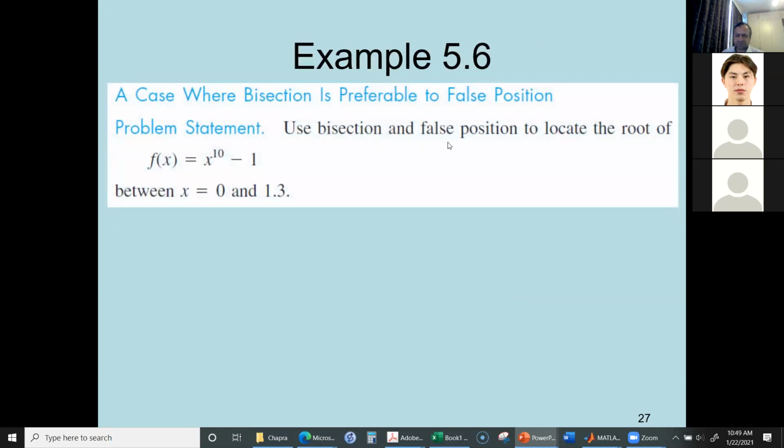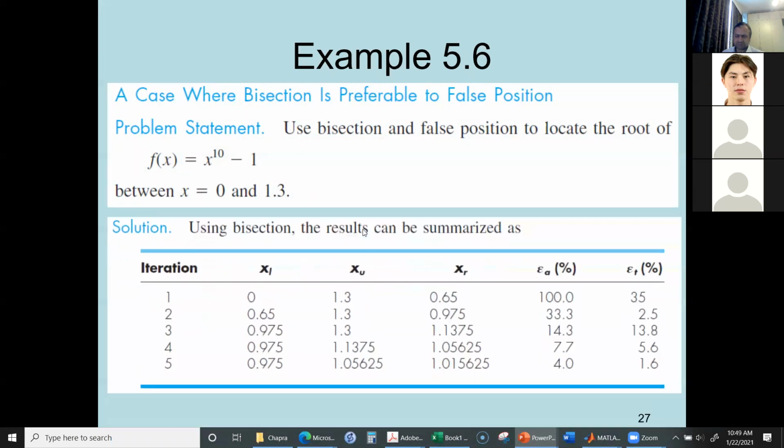Okay, so using the bisection and the false position methods to locate the root of f(x) = x^10 - 1 between x = 0 and 1.3. For this special function, you will see that the false position method does not provide very quick results.